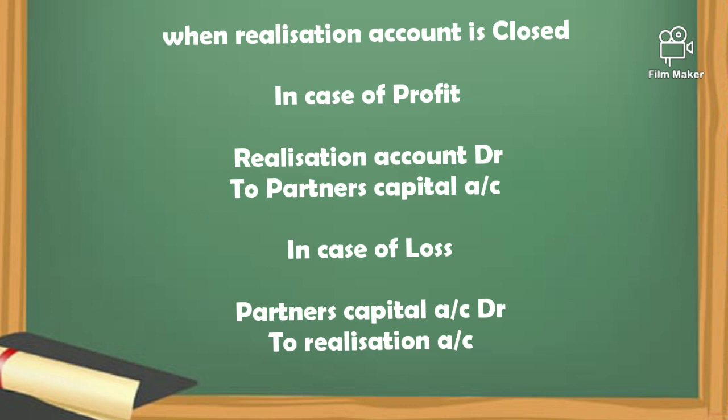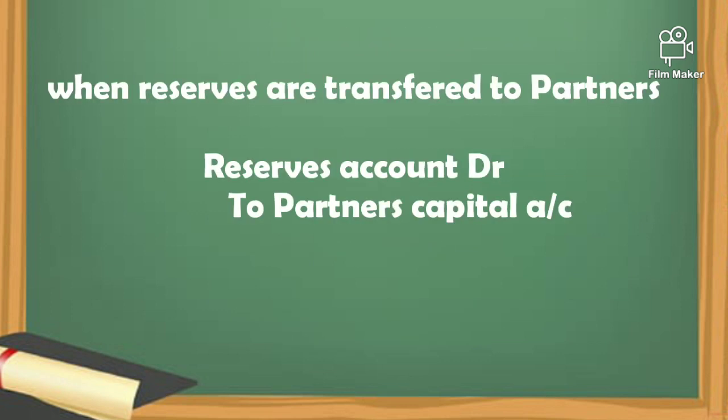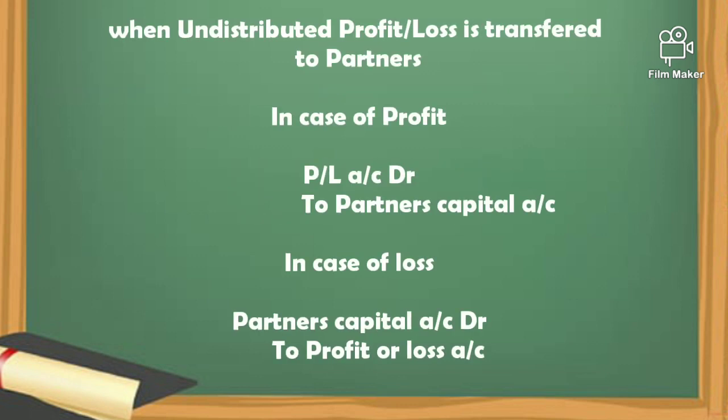Got the point? In case of any reserves or reserve fund, if those reserves are transferred to the partners, then the entry will be reserves account debit to partners capital account. And the next entry is when there is some undistributed profit and loss account.